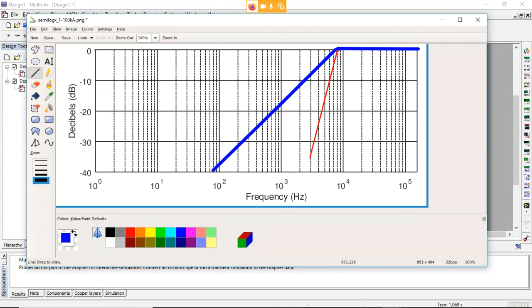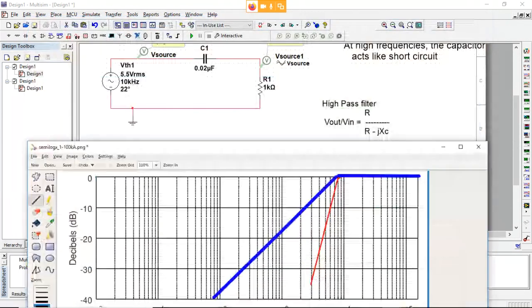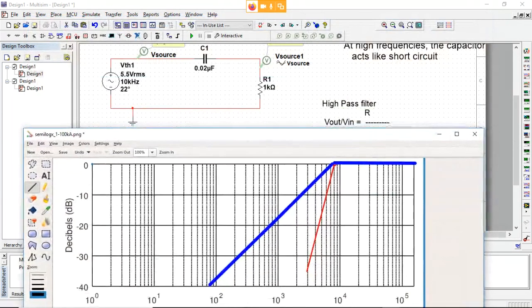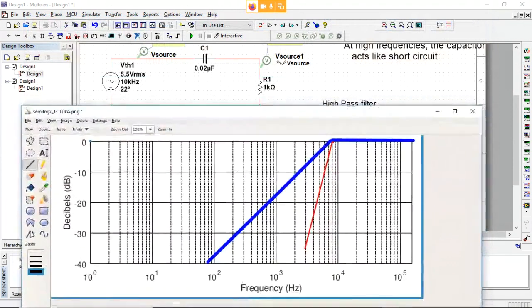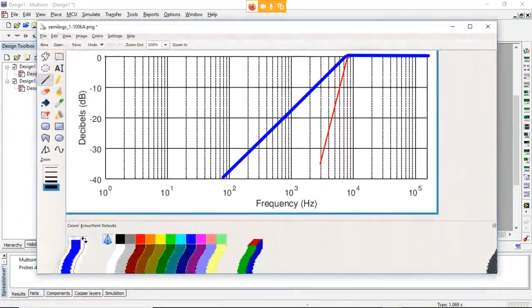Okay, and so this is your straight line Bode plot. The blue line is your straight line Bode plot for this high pass filter here. Okay, so that is the magnitude.